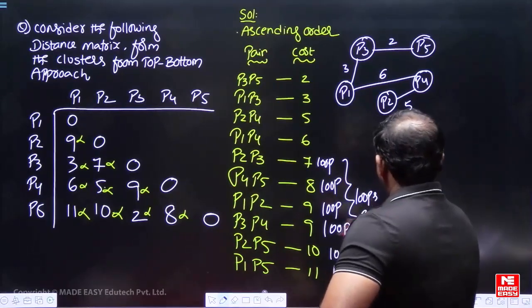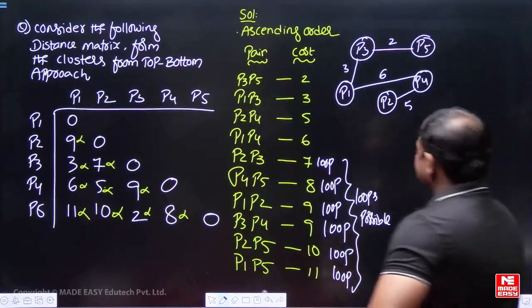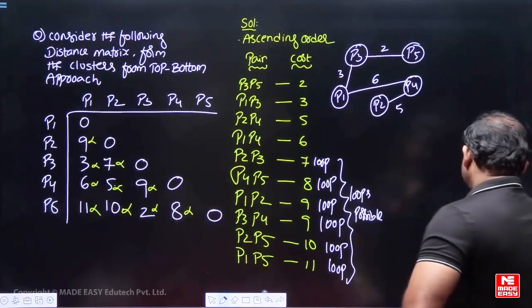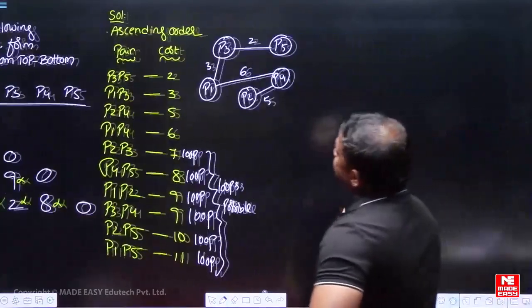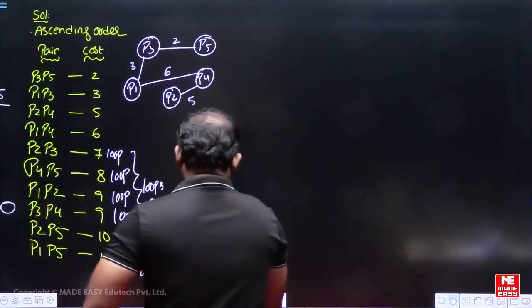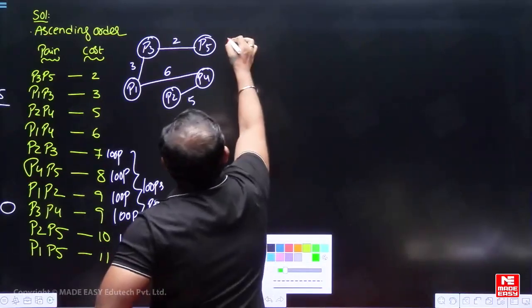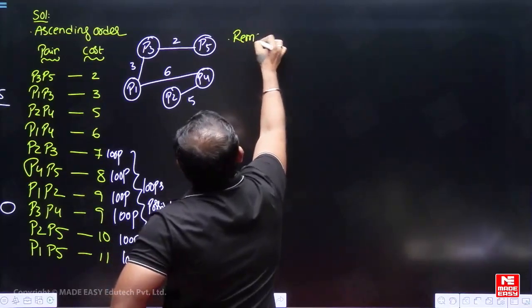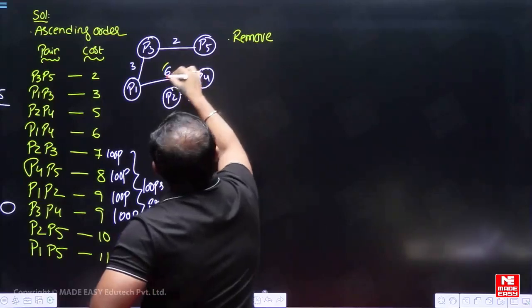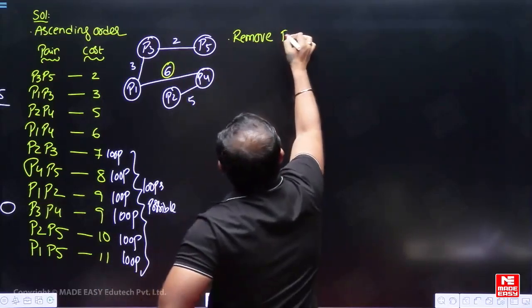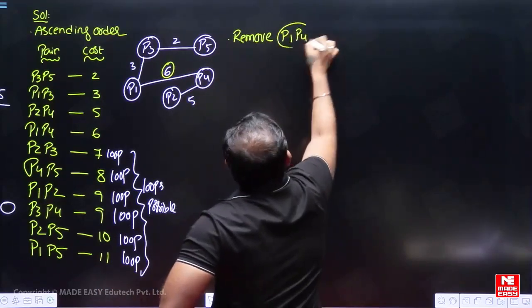So don't connect them. Alright, now after that, organize the data, arrange it, split it. What we need to do first, remove this one, P1, P4 edge.